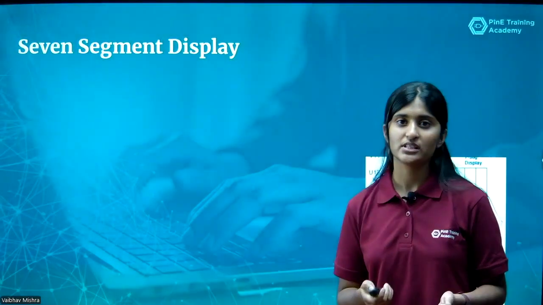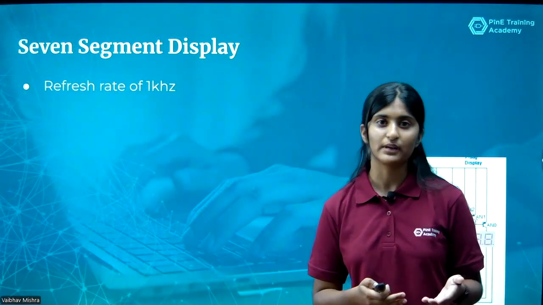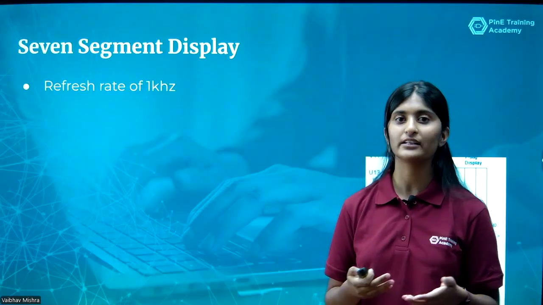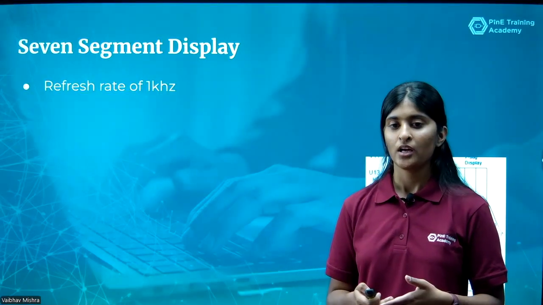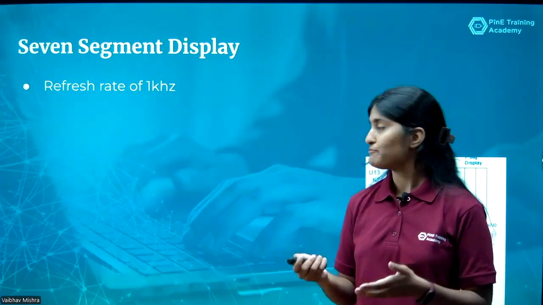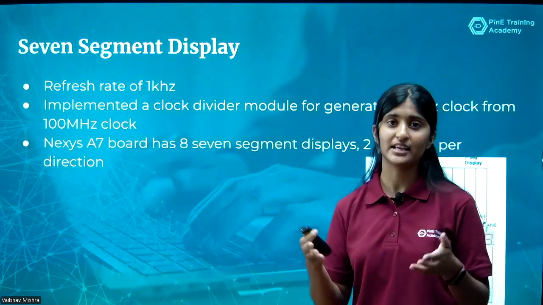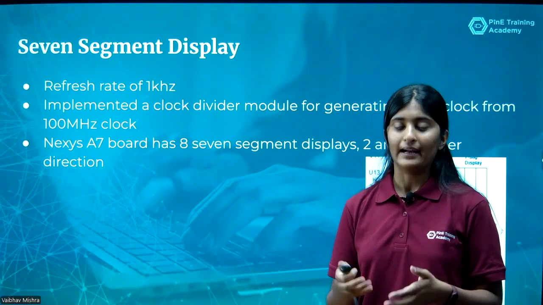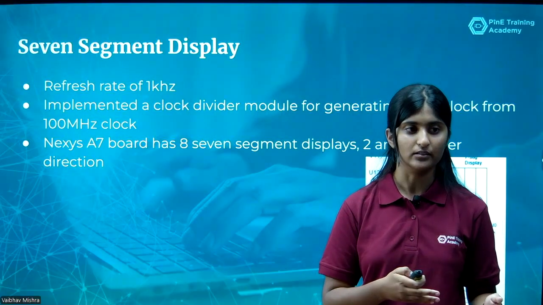Now about the 7-segment display. So our 7-segment display has a refresh rate of 1 kilohertz. Now what does 1 kilohertz signify? So our FPGA board has the 8 7-segment displays, and each display displays the output one by one.